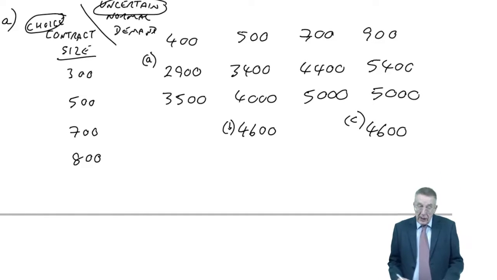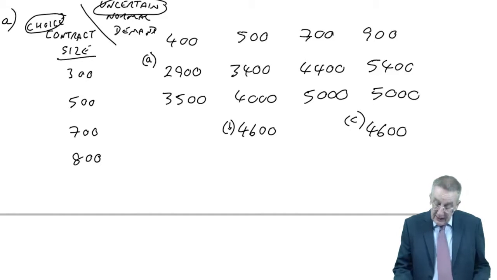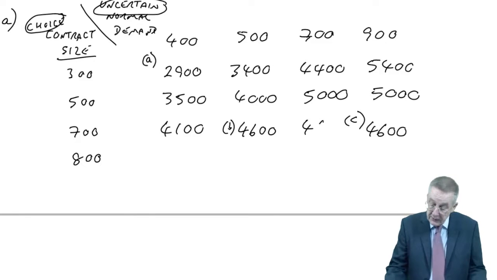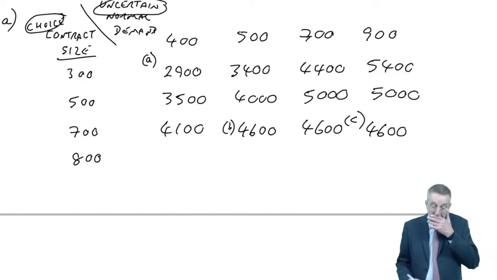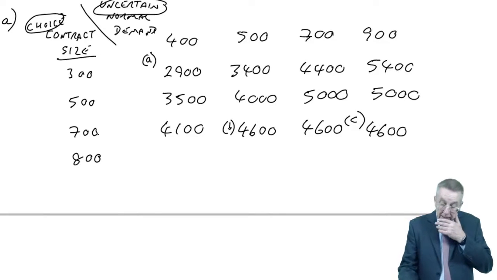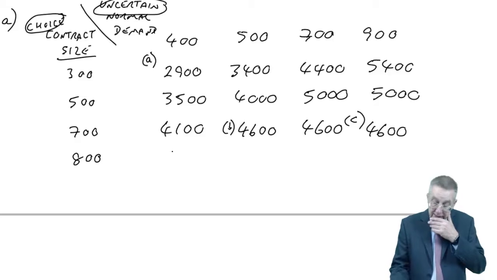The 700 row, 4,100, 4,600, 4,600, 4,600. And finally, the 800 row, extra 100, 300, 4,400.